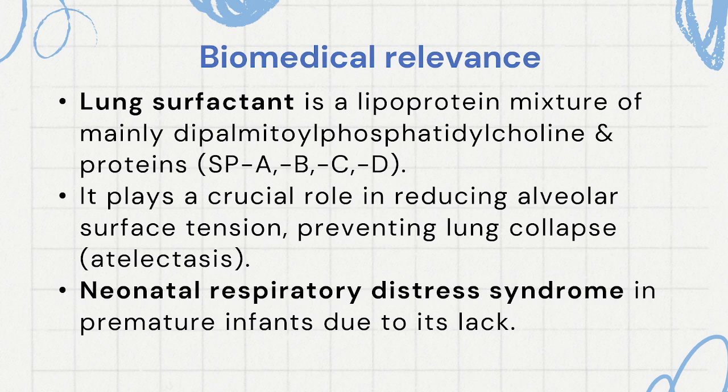They cannot keep their alveoli inflated enough during the respiratory cycle. This is called neonatal respiratory distress syndrome, and it can be counteracted by infusing lung surfactant to aid those neonates in breathing.